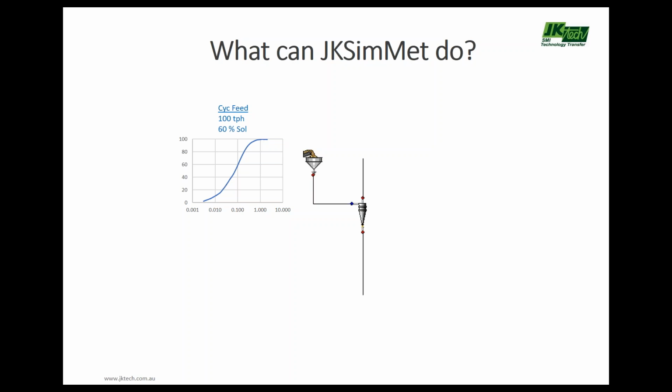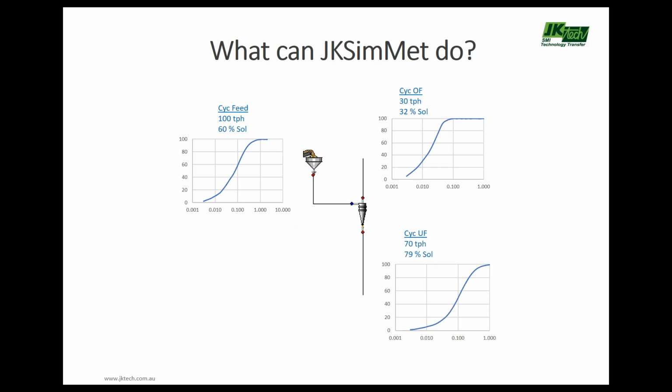If this hydrocyclone is fed with a certain feed rate, feed density, and particle size distribution, obviously it's performing in such a way that it's producing two product streams with a certain flow rate, density, and particle size distribution for each product stream.